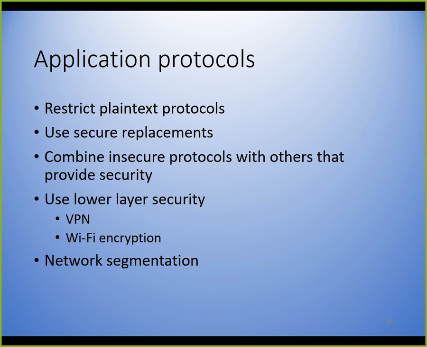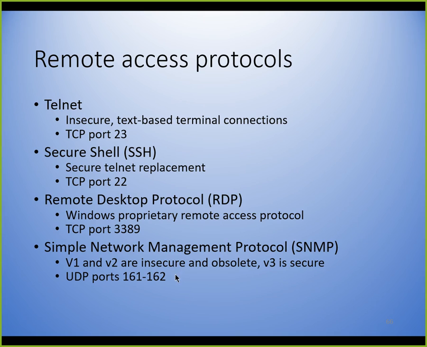Lower layer security, VPN or Wi-Fi encryption, can be used for those. And then network segmentation, the VLANs, or just separate IP addresses. Segment the network into multiple IP networks that give you a little bit of separation of things that go on.